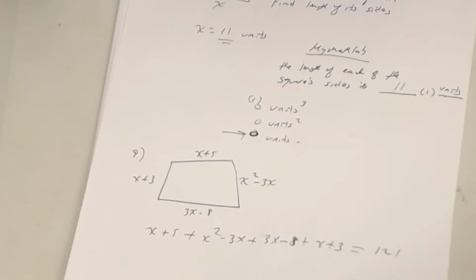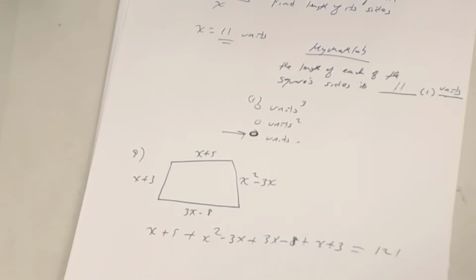So number 9 is different from the others because the others you could have easily done without too much work. Now you have to do some work in number 9. What kind of equation is that? Quadratic. Number 9 is quadratic.